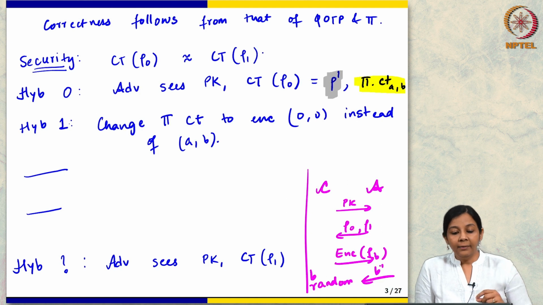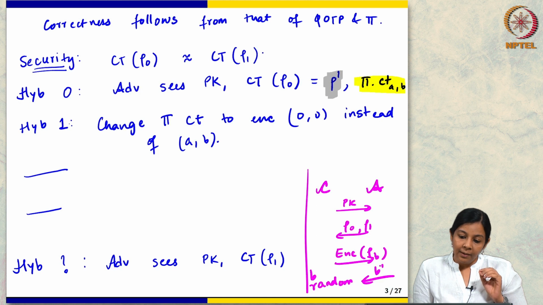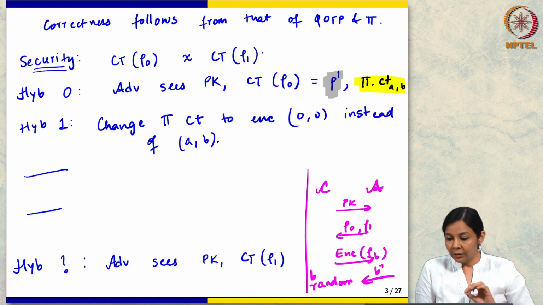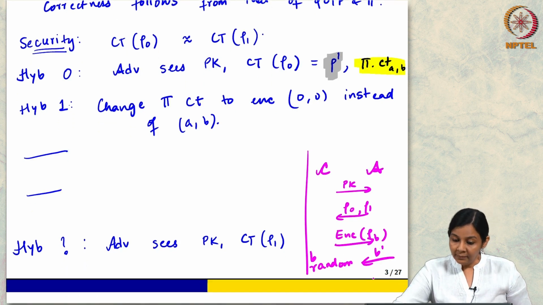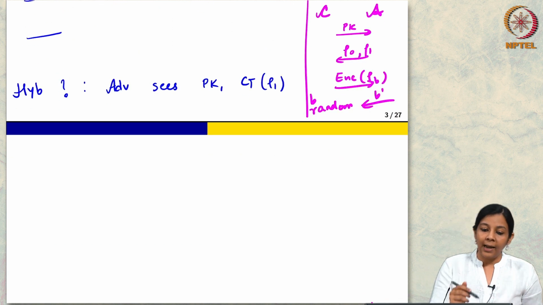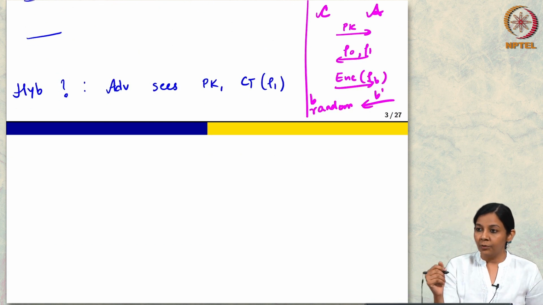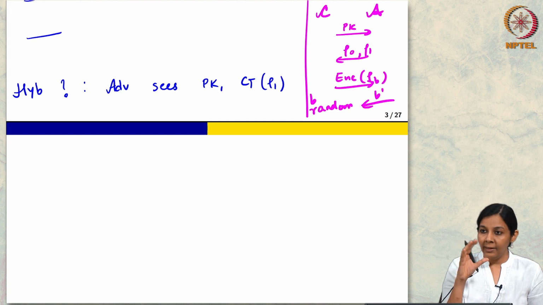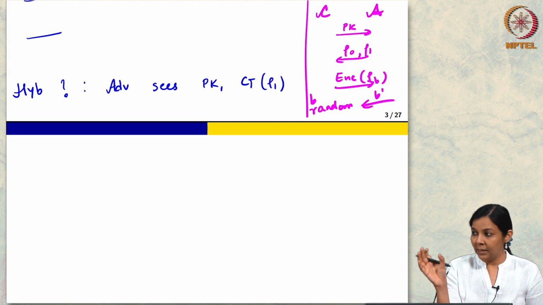And actually the reason that I can go from hybrid 0 to hybrid 1 is not totally obvious, it actually needs a proof. The reason it is true, what your classmate said, that I can go from hybrid 0 to hybrid 1, is that I can change the bits in the PKE ciphertext, the classical ciphertext.